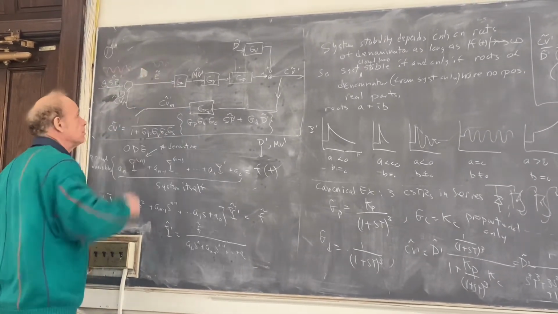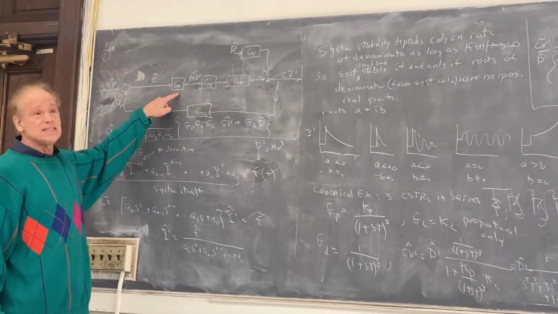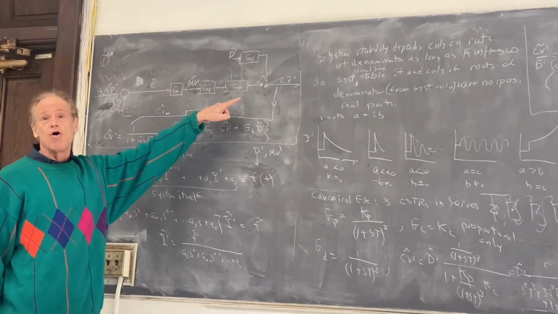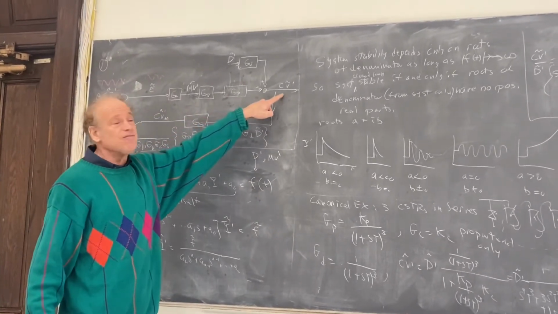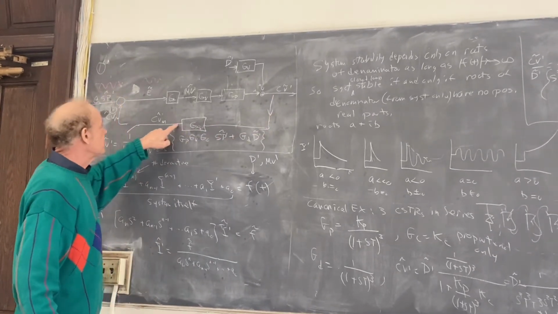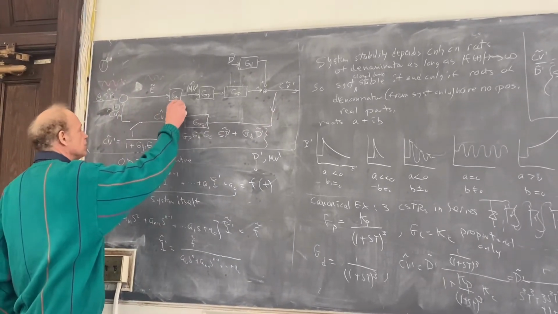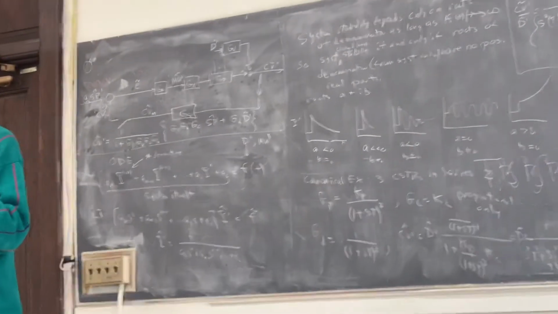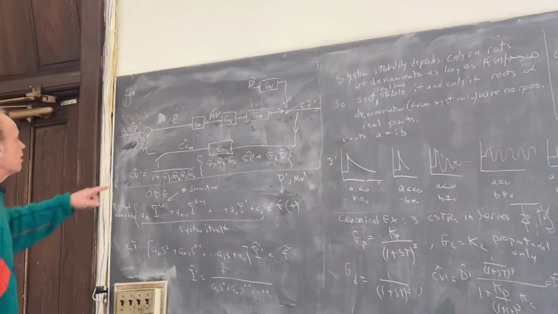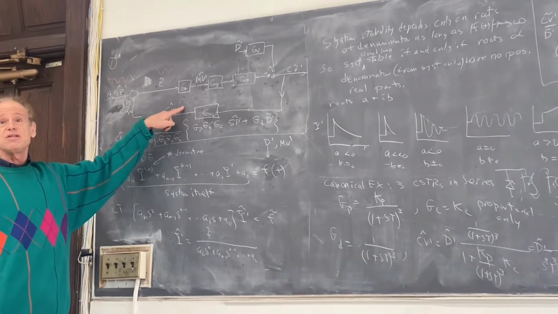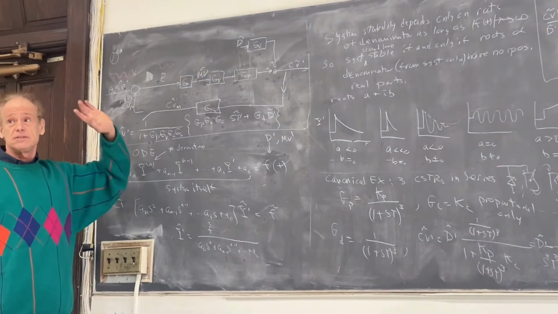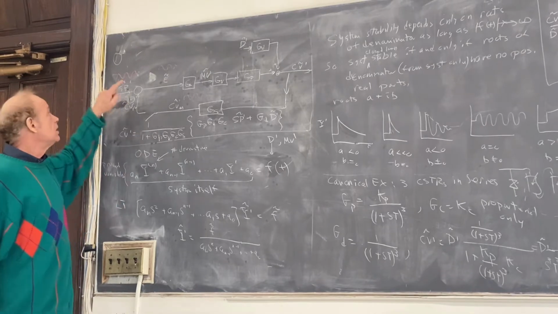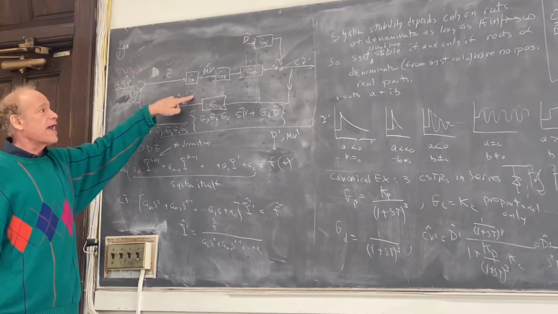Nothing's changed here. When it goes through GC, GV, GP, all linear, CV prime and its measurement is also a sine function, but it may have a different phase angle. Is that clear? Sine in, sine out.